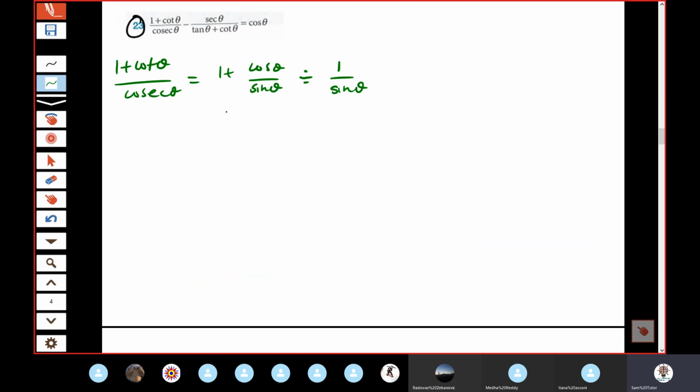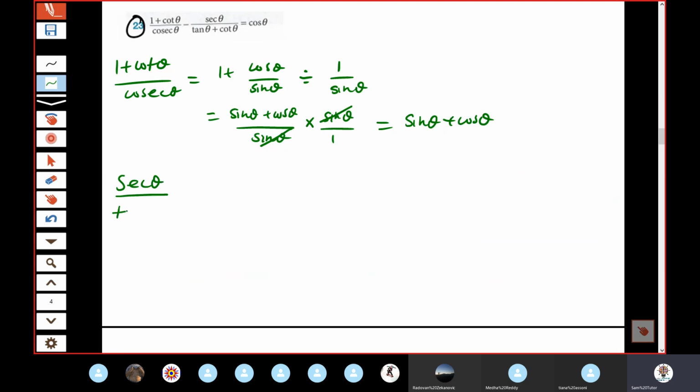Common denominator, you get sine theta plus cos theta on sine theta times sine on 1. And that's why I taught you guys to not use your fractions, because if there's fractions and fractions, then that simplifies to just a simple sine theta plus cos theta.